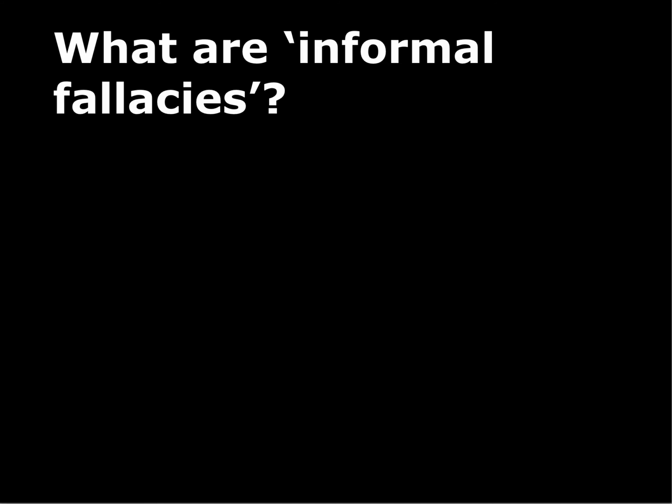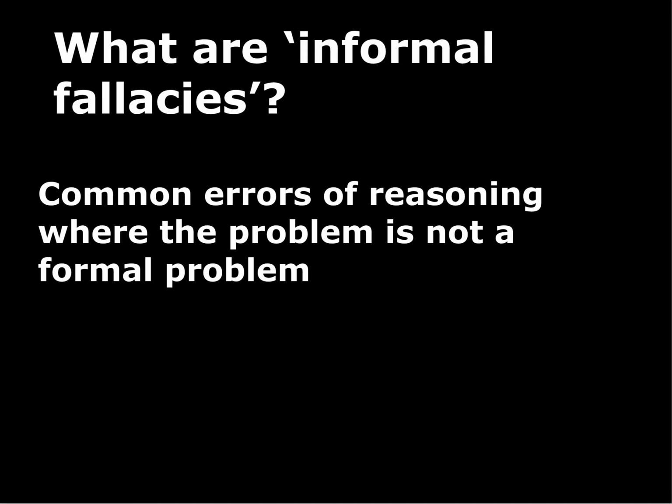What are informal fallacies? These are common errors of reasoning where the problem is not a formal problem. One way to see this is that if you were to translate one of these arguments into formal notation, it wouldn't necessarily be clear that there was a formal problem.